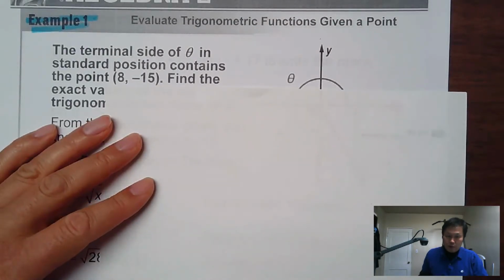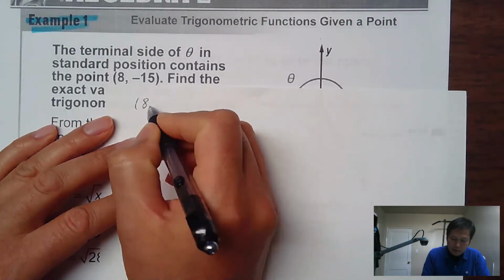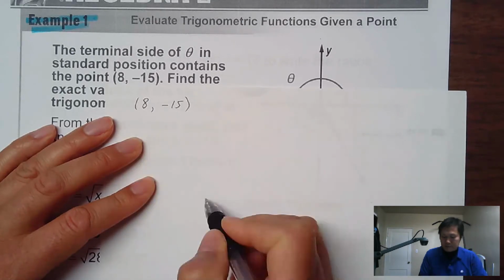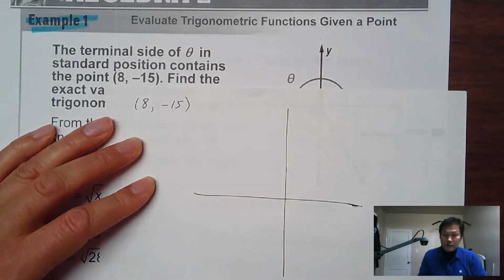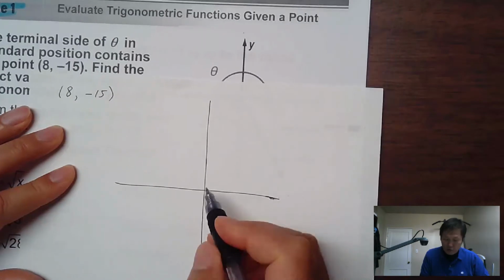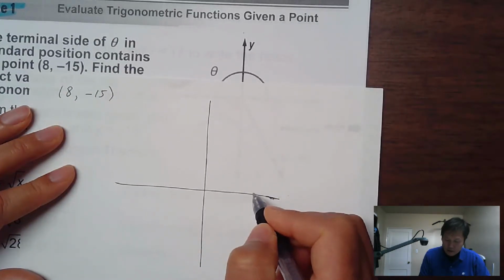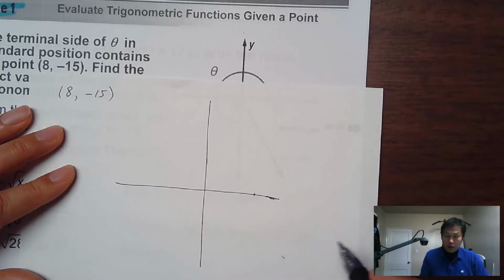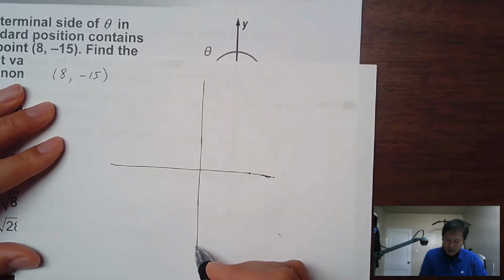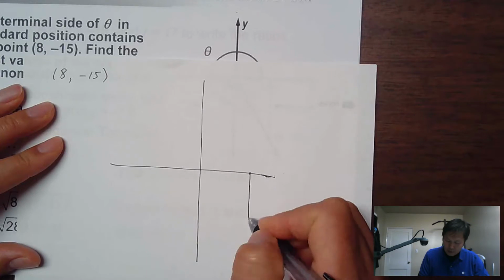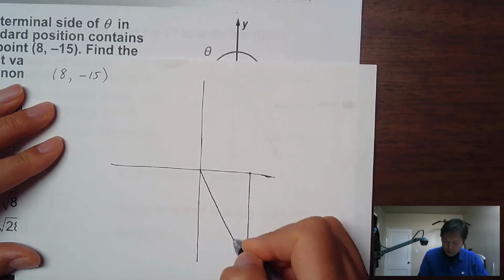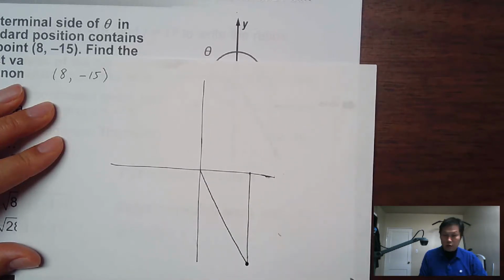Plot that point, (8, -15). For 8, you go right by 8, let's say somewhere over here. And for -15, you go down by 15, so your point will be somewhere over here.